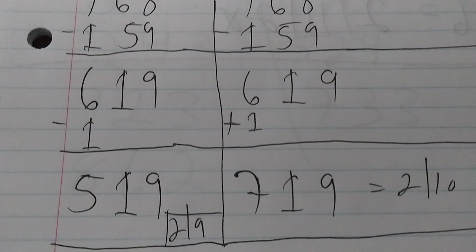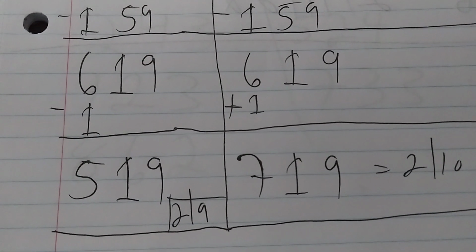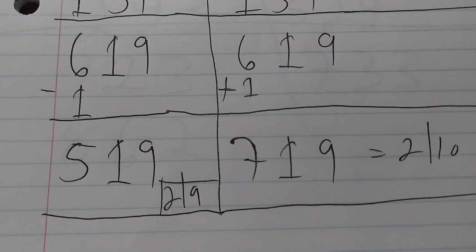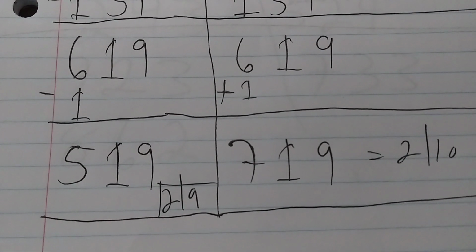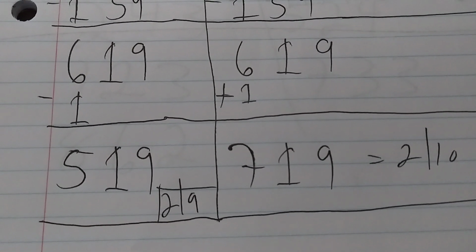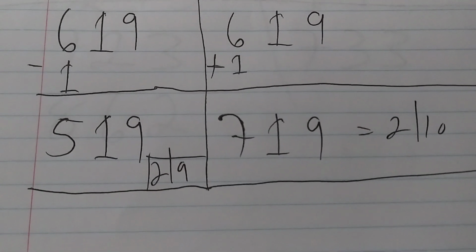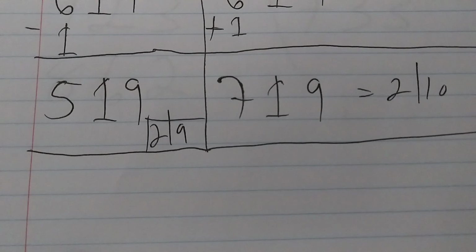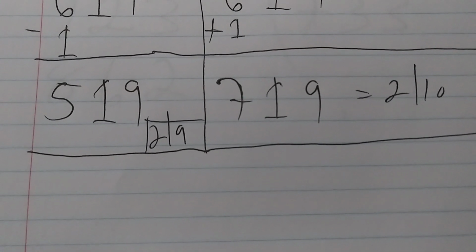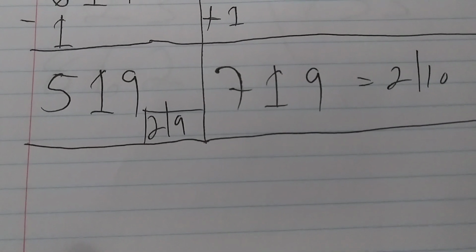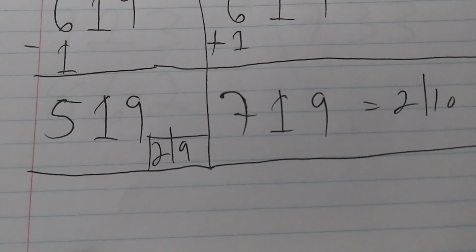Bring down 19. And then that did hit on February 9th. And then you're going to add 1 to the 6, so you have 6 plus 1, which is 7. Bring down 19, and that did hit on February 10th. And I'm not 100% sure on the dates there. My notes were a little bit messy, so the dates may be reversed on what days those hit.